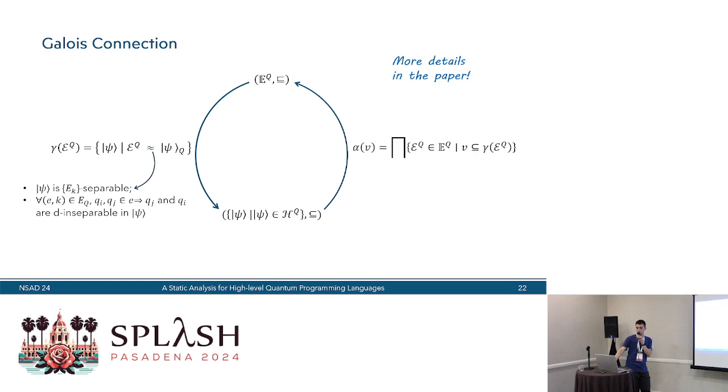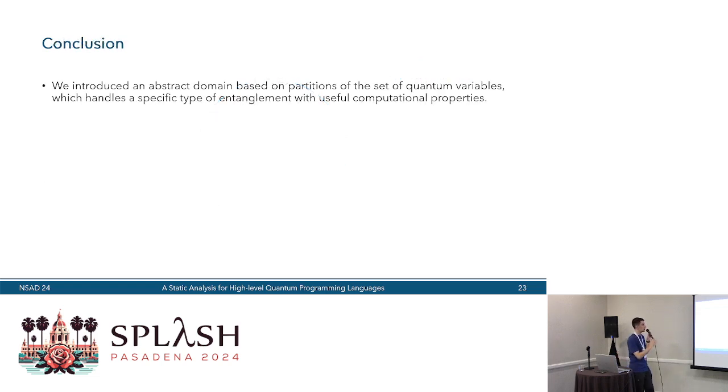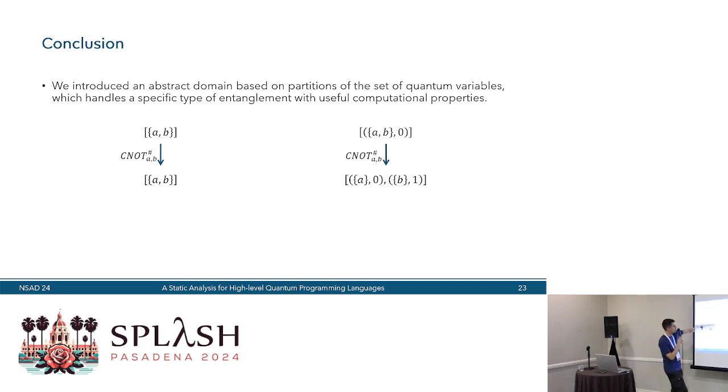And so concluding, what we have done with this domain is we have introduced a domain that allows us to reason about entanglement. In particular, our goal was to bring in this domain enough information to capture when the entanglement may be nullified. As we have seen before, if we simply represent the entanglement, we cannot say if an operation nullifies the entanglement.